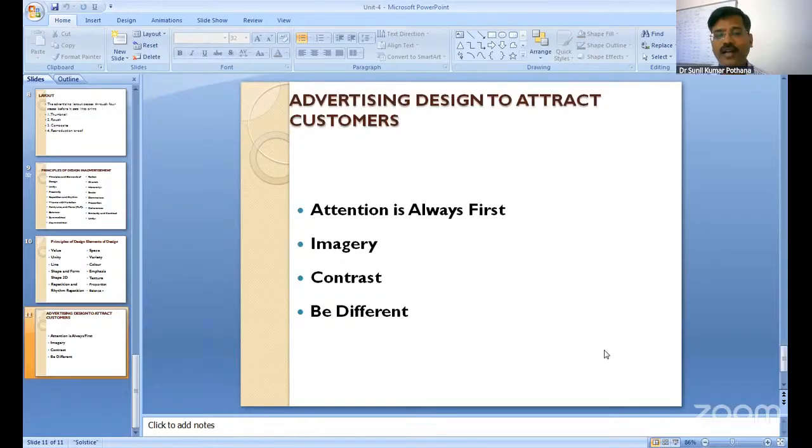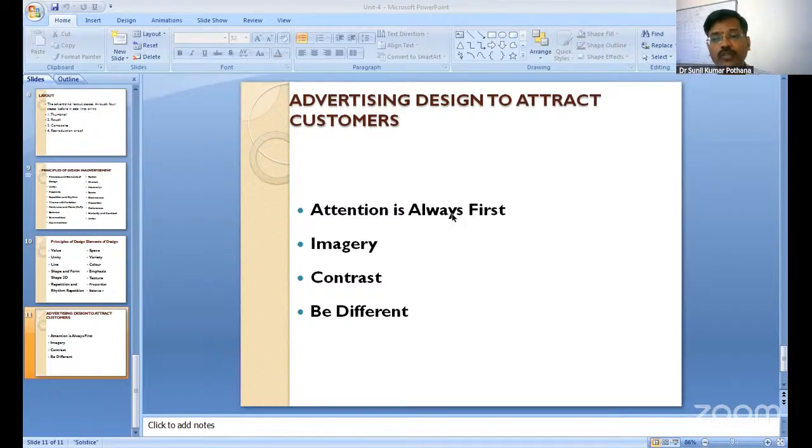So attention we have already discussed. Be different. This is an important point. Someone is giving the same advertisement with some information. For example, a car company gives their features in their advertisement.